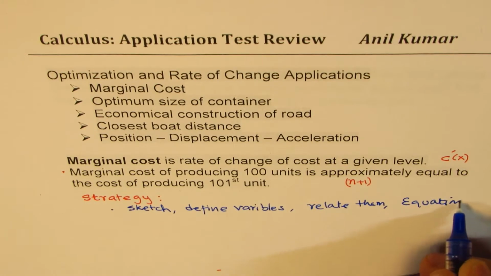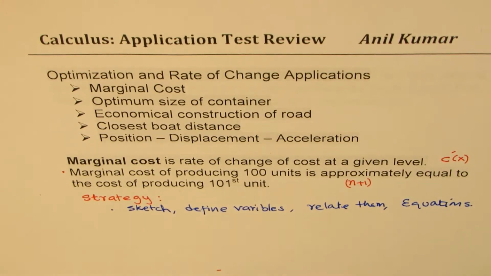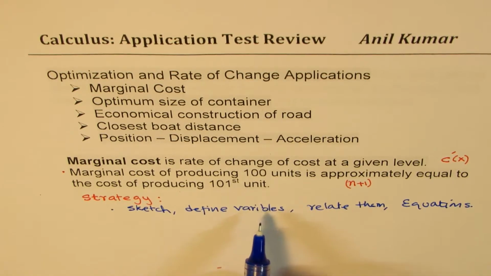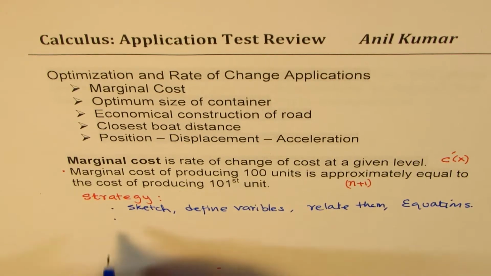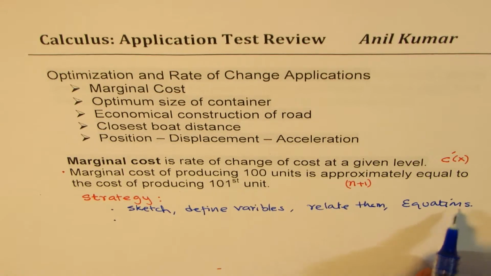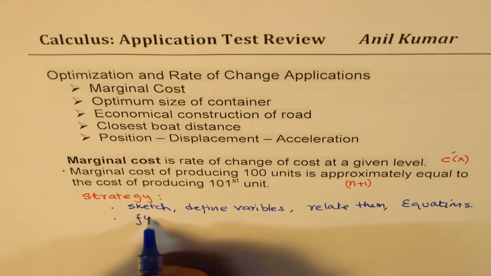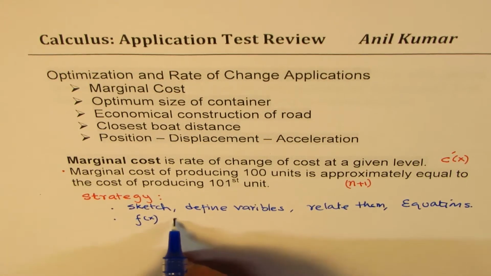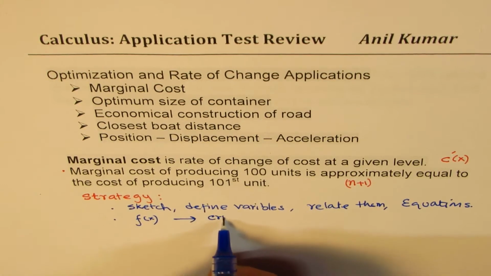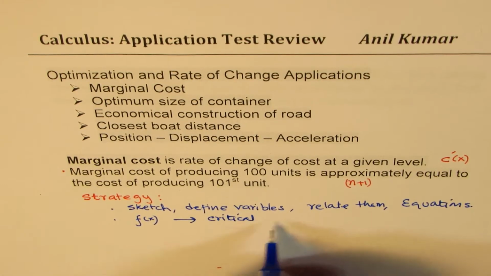That is the first step, which is very critical step. So you will be given conditions so that you can define one variable in terms of another. So your equation should be in one variable. The second step will be, once you have that equation, we'll call this as a function. Is it okay? So once you have a function, then you find critical numbers.